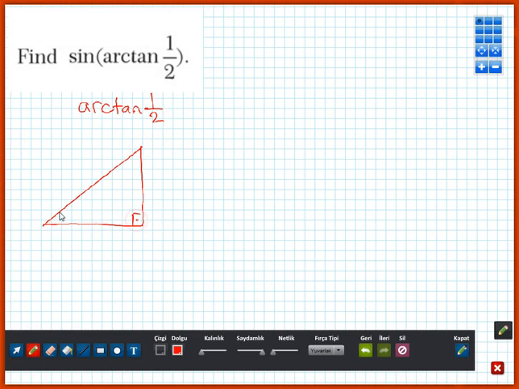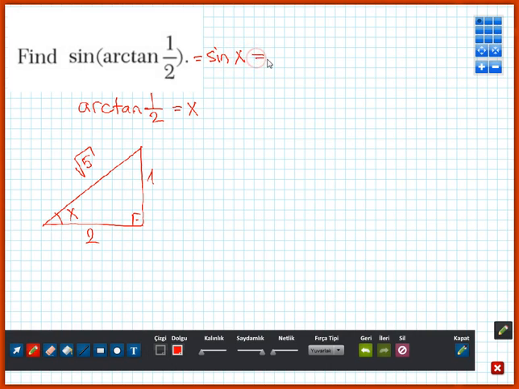Now, this is the angle x, which is between 90 and minus 90, and the tangent is equal to 1 over 2. That means opposite over adjacent is 1 over 2, and by the Pythagorean theorem, the hypotenuse is equal to root 5. We have to find sine x.